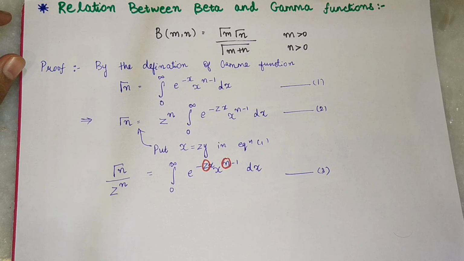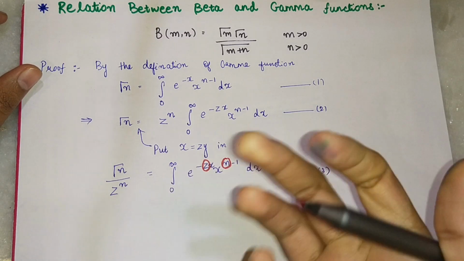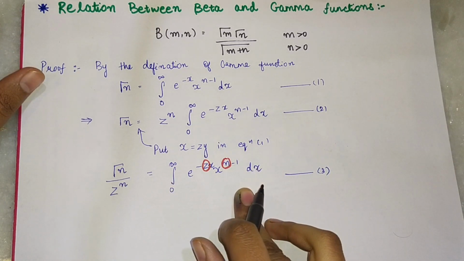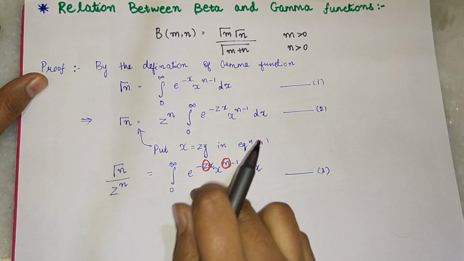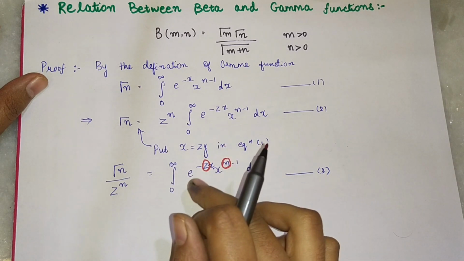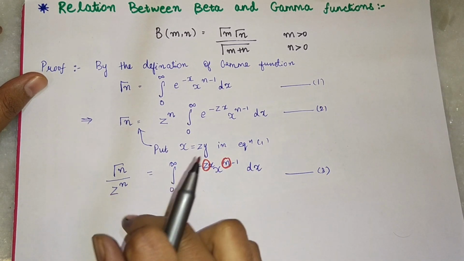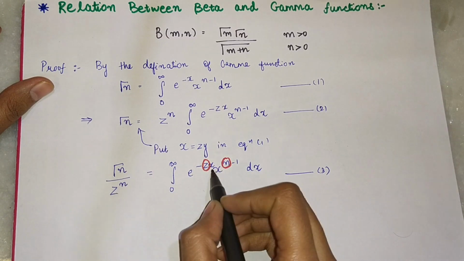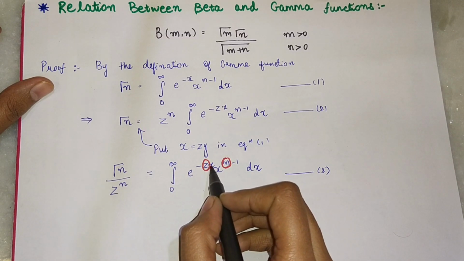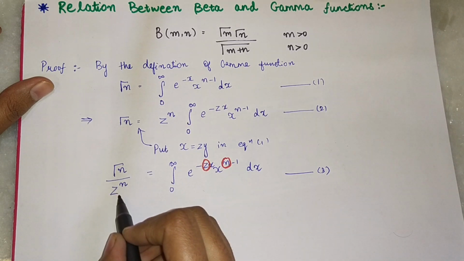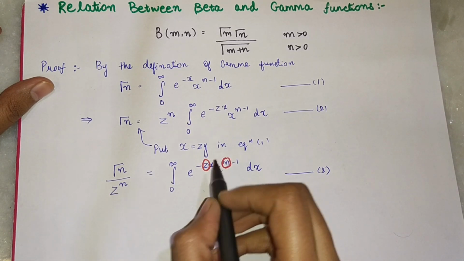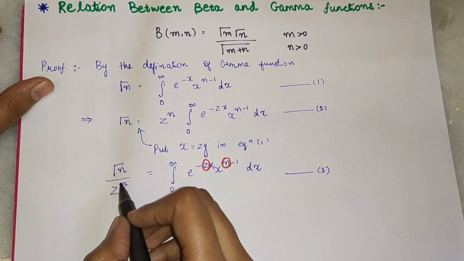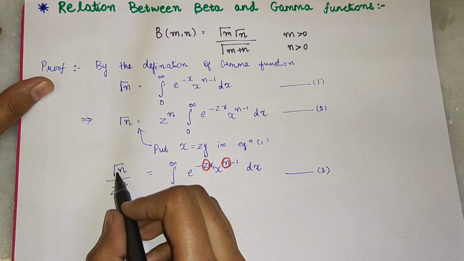This will be useful to you further on when we solve the examples, because whenever this type of integral is given, you can directly write this term from it. How can you write it? You have to write the z term, the e raised to term, and the x raised to term, and in the denominator you write z raised to n, and in the numerator part you write gamma n.